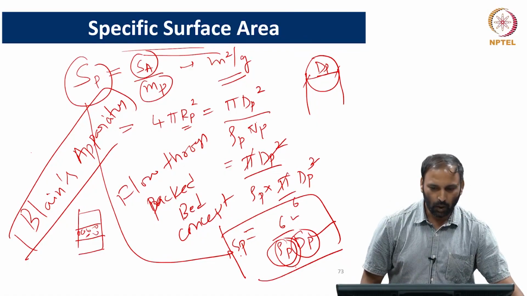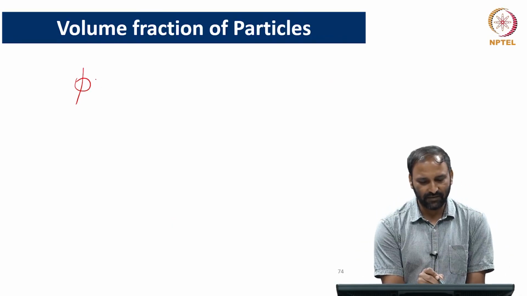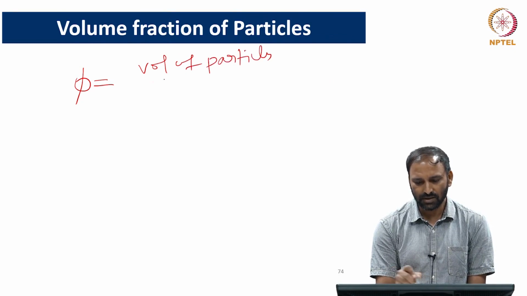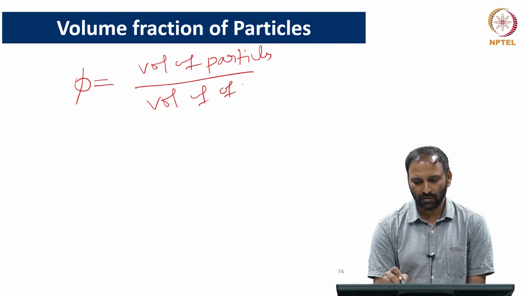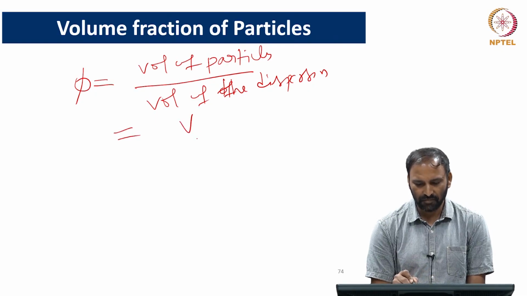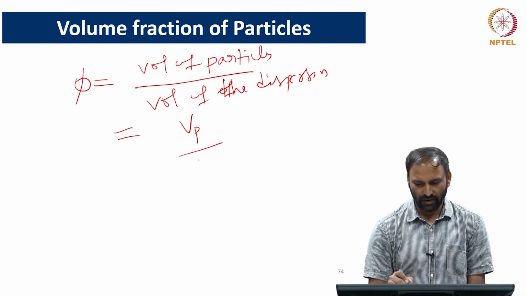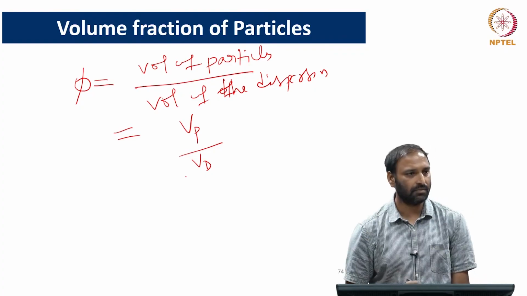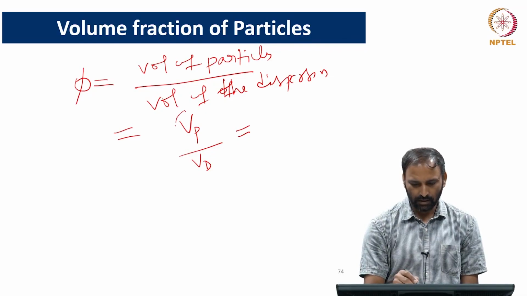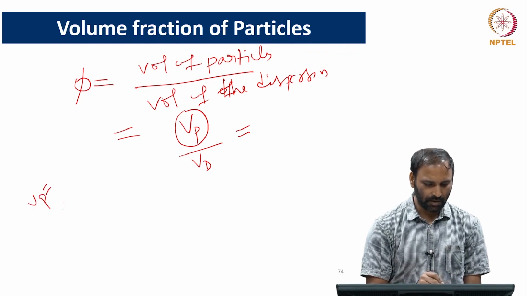Okay. Now, the next parameter phi, we have defined this already. So, phi is defined as the volume of particles divided by volume of the dispersion, right. So, the volume of particle is Vp divided by the volume of the dispersion Vd, right. I can convert.